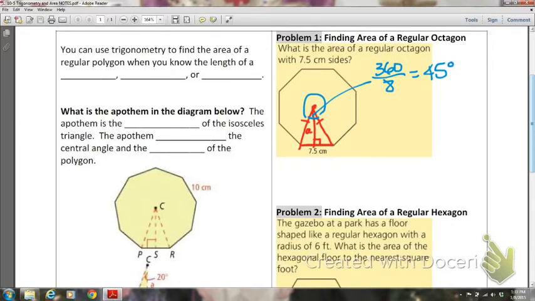But we only need half of that central angle for one of these right triangles that we have marked. So half of this angle is 22.5 degrees, half of 45.